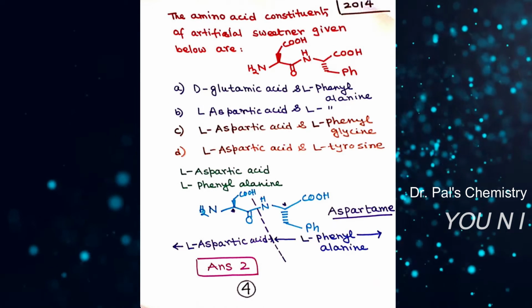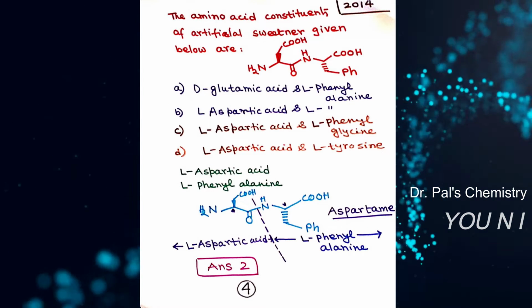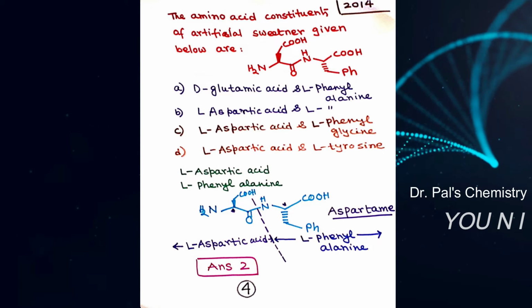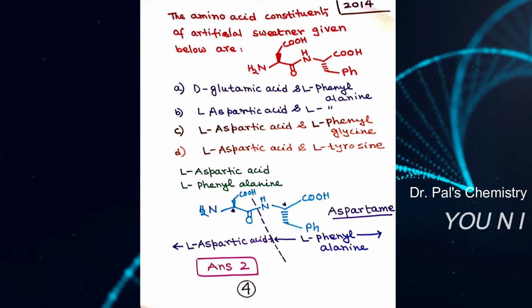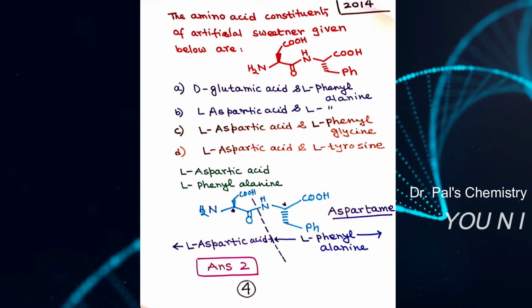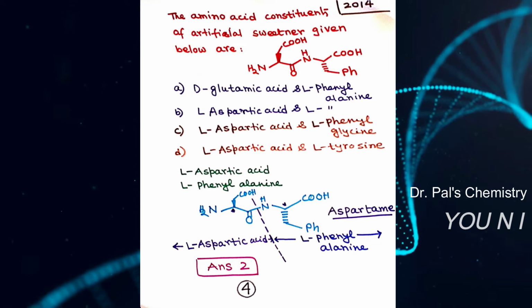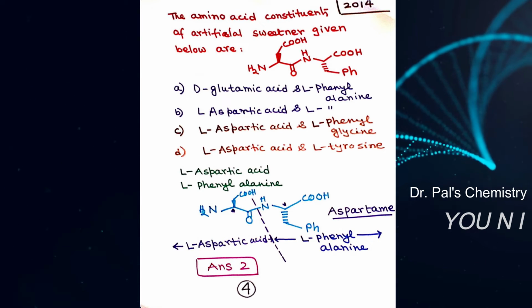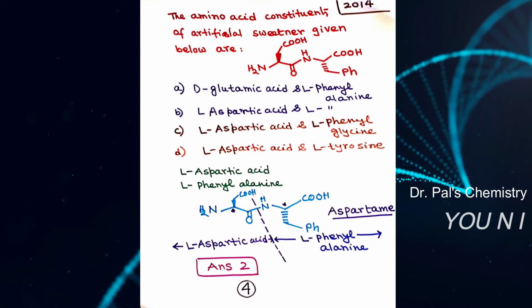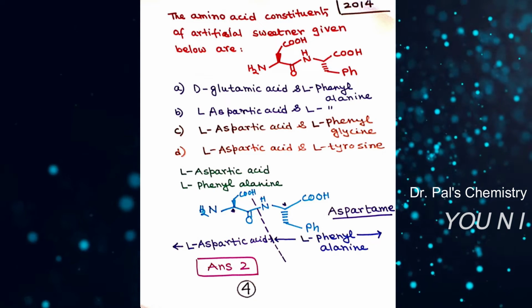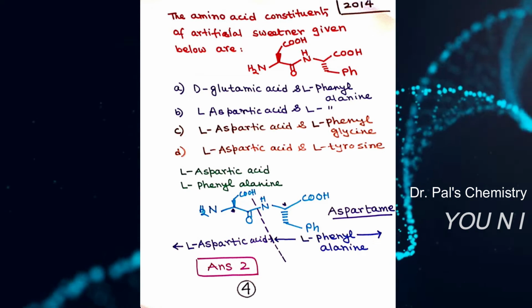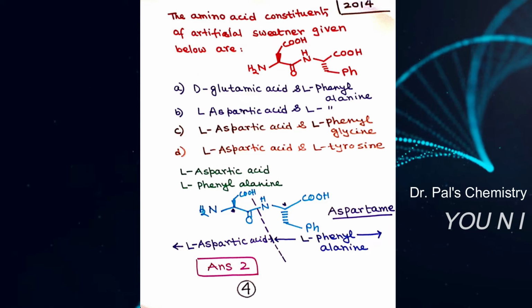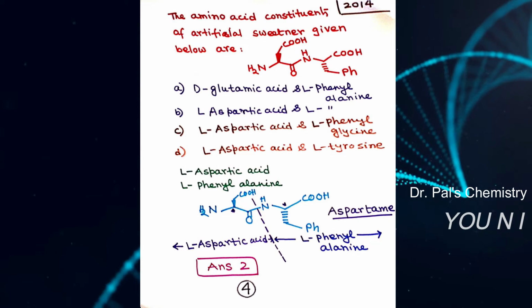Now coming to the question that appeared in 2014, the amino acid constituents of the artificial sweetener given below are this. So this compound is an artificial sweetener, and although in the question it is not given, this compound is actually aspartame. So from the name it is very clear that one component will be aspartic acid. Based on this, option A is not possible because aspartic acid is not given.